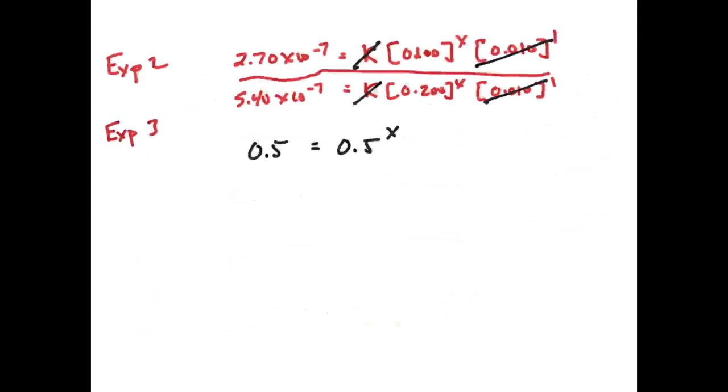Now we see here that k's cancel and also these cancel, giving us the result of 2.70 times 10 to the negative 7th divided by 5.40 times 10 to the negative 7th, which also comes out to be roughly 0.5. And 0.1 divided by 0.2 comes out also to be 0.5. Okay, so without going through the rule of logs, we know that this has to also be first order.